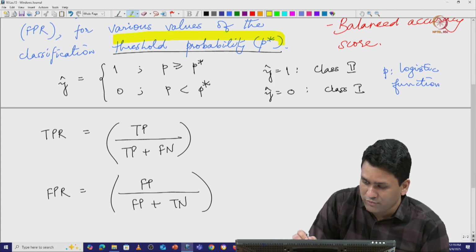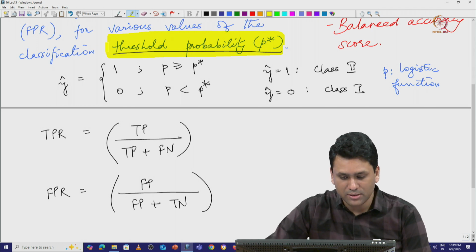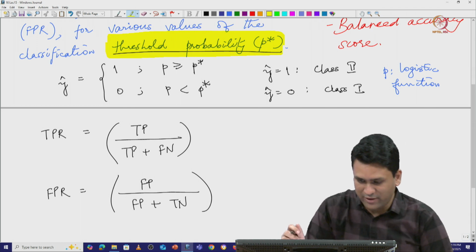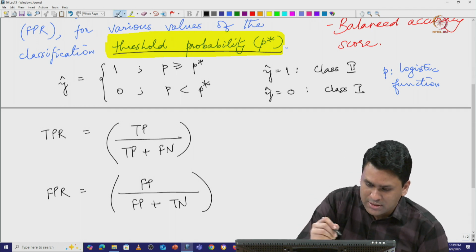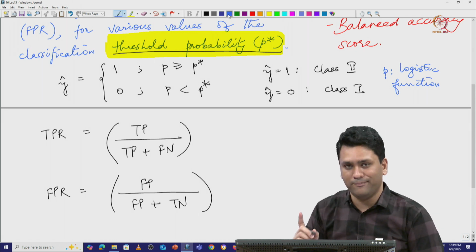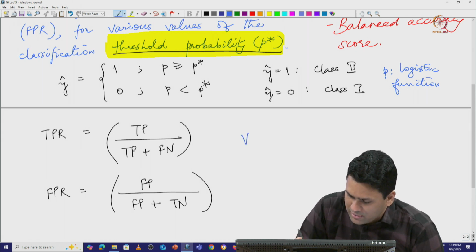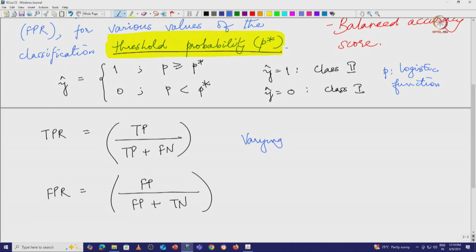So we are varying the threshold probability p star from 1 to 0 and plotting the TPR versus the FPR.